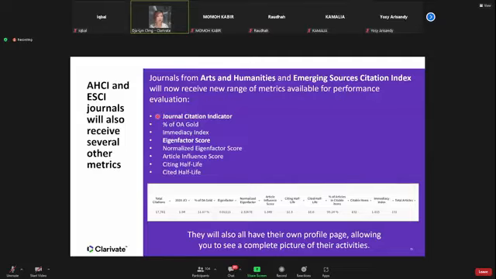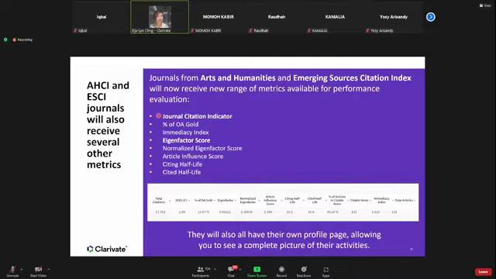So number one, the journal citation indicator is a brand new indicator that we launched last year in 2021. In the next few slides, I will explain more about how this is calculated. But this indicator is used in complement with journal impact factor to identify journals that are impactful.